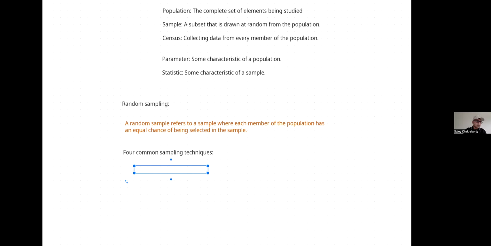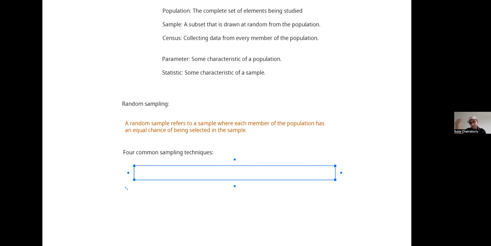So this refers to samples that are easily available. For example, data collected from a specific group that is easily accessible, okay?